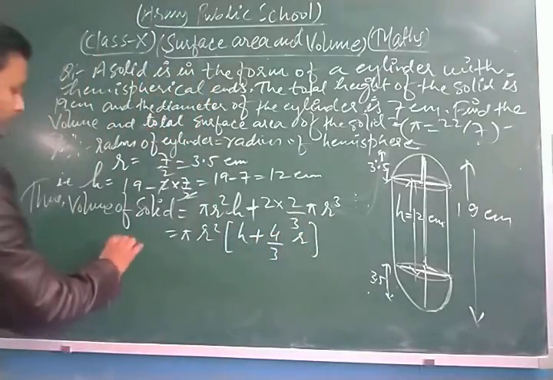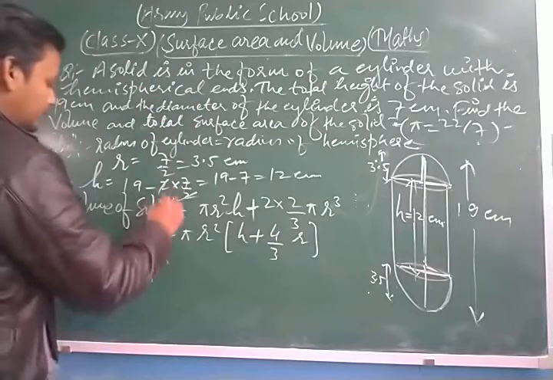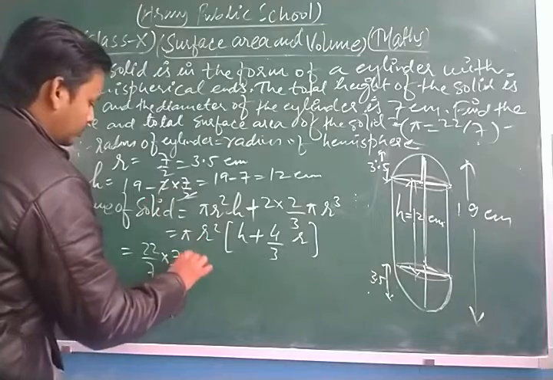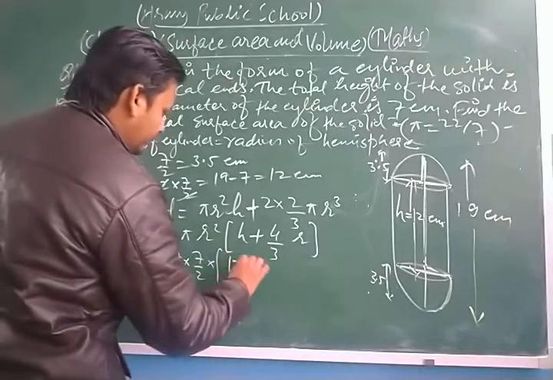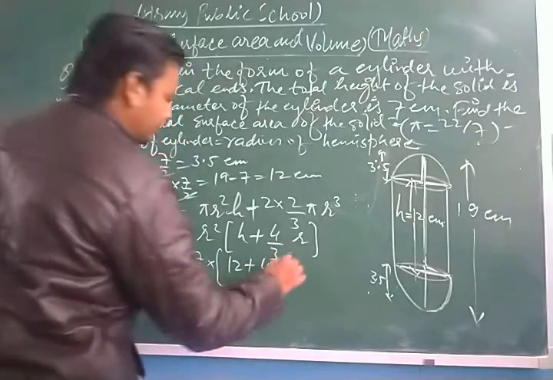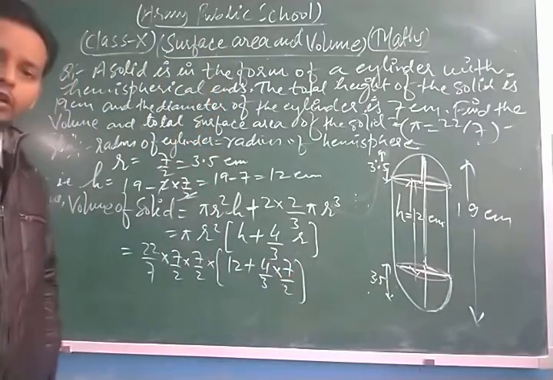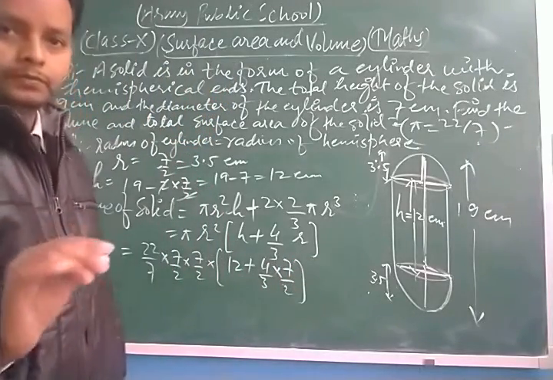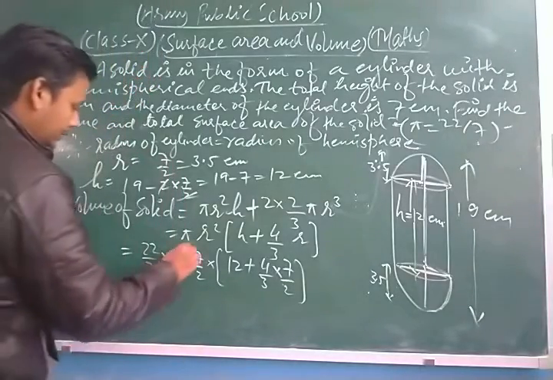Now we put all the values. This is 22 upon 7 into r square, where r is 7 by 2 into 7 by 2, into h which is 12, plus 4 by 3 into r, which is 7 by 2. Now we simplify them. Look, 7 and 7 cancel.